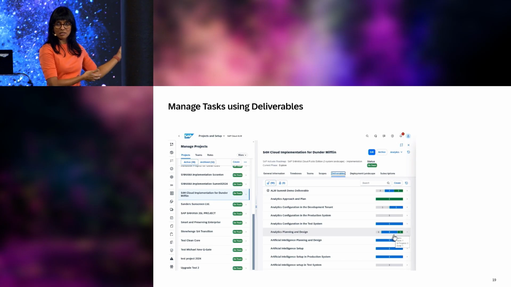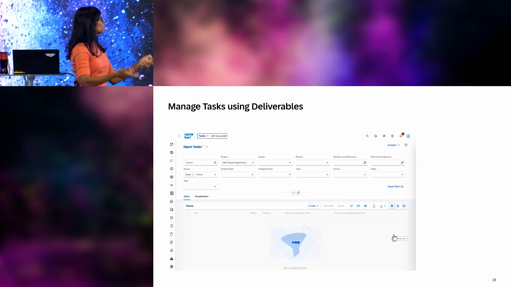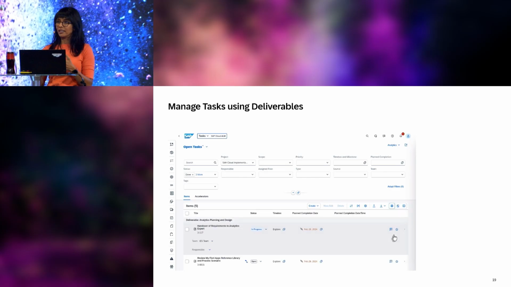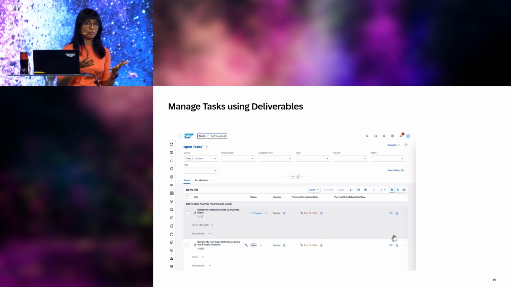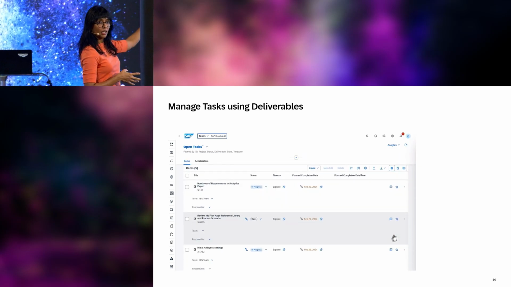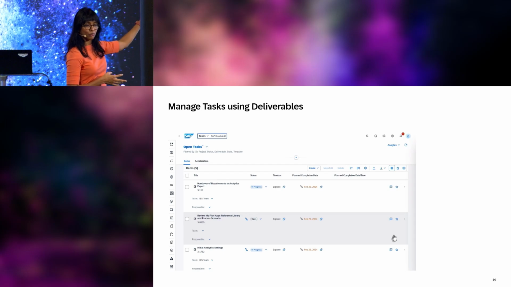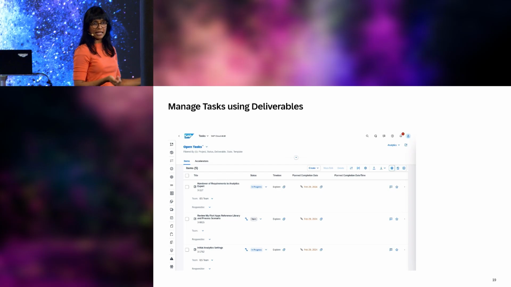So that is what a deliverable is. So for example, I have to complete a design document. Then I have probably 5 tasks that I need to complete to have the design document ready. And all those tasks can be assigned to a deliverable design document for requirement A.